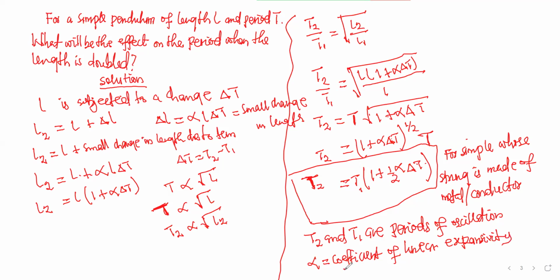And delta T is equal to change in temperature. Class, please, are you okay? Class, are we fine? Yes, please. All right, so this is how temperature affects the period of oscillation of a grandfather clock.